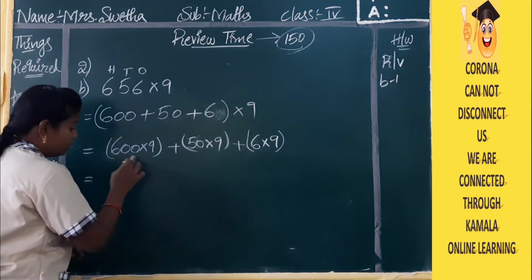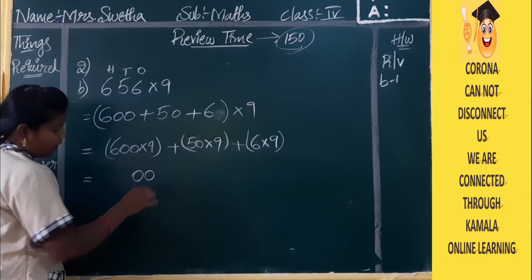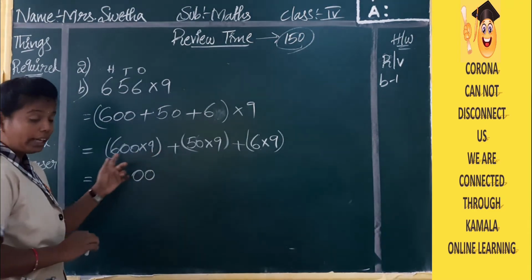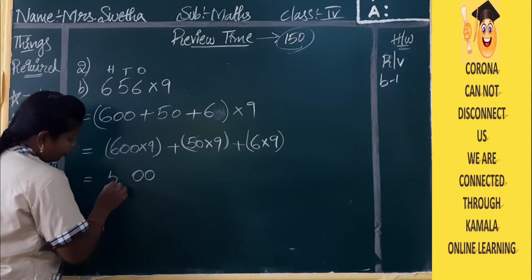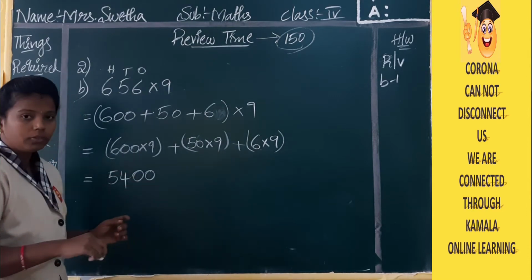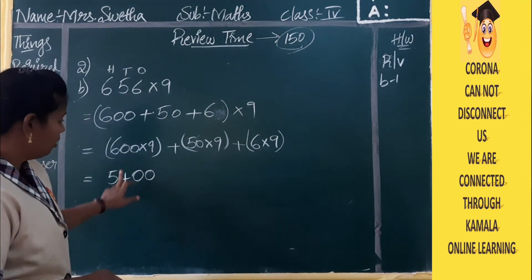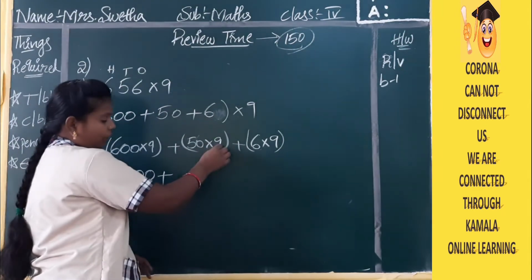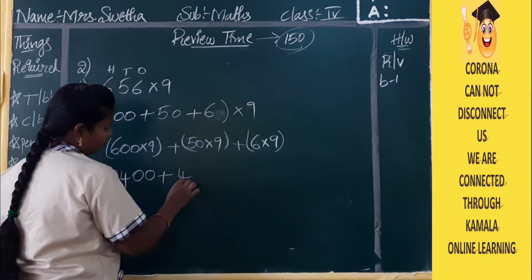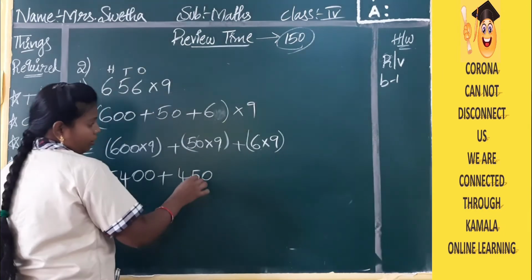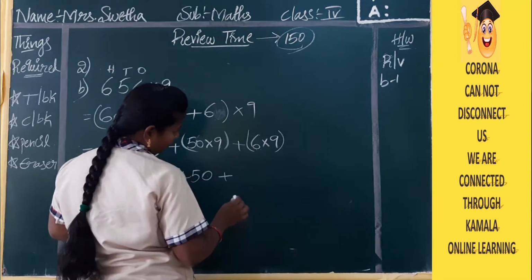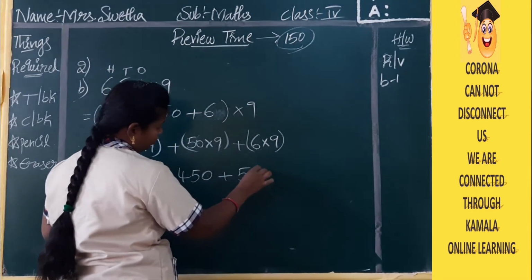Now you have 2 zeros in the hundreds place, so we will take the 2 zeros. 9 sixes are 54. Plus 50 into 9: 9 fives are 45, so the 0 stays the same, 450. 6 nines are 54.